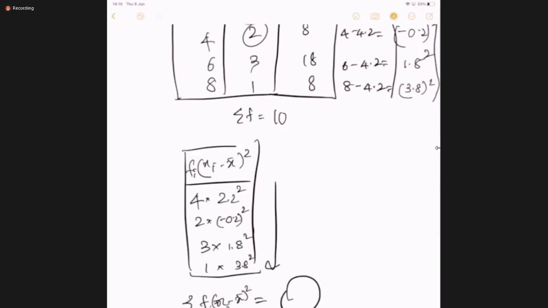Understand? Now substitute these terms in the formula. What is the formula? Sigma fi xi minus x bar squared divided by sigma fi minus 1, because we have sample data here. Don't substitute the sigma fi value here, right?